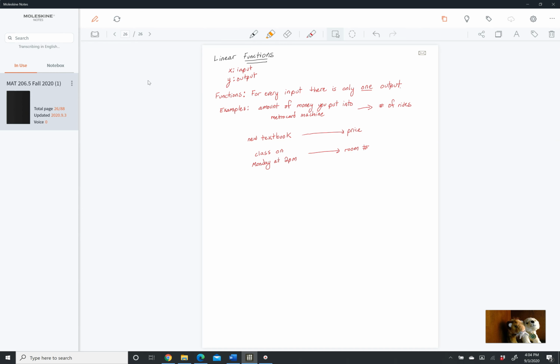So these would all be examples of functions. Whatever you put in, okay, whatever you put in, there is only one possibility for what comes out. A textbook can't cost two different prices. A class can't be in two different rooms. You can't put in an amount of money and get two different number of rides, okay? So we have input creates an output.